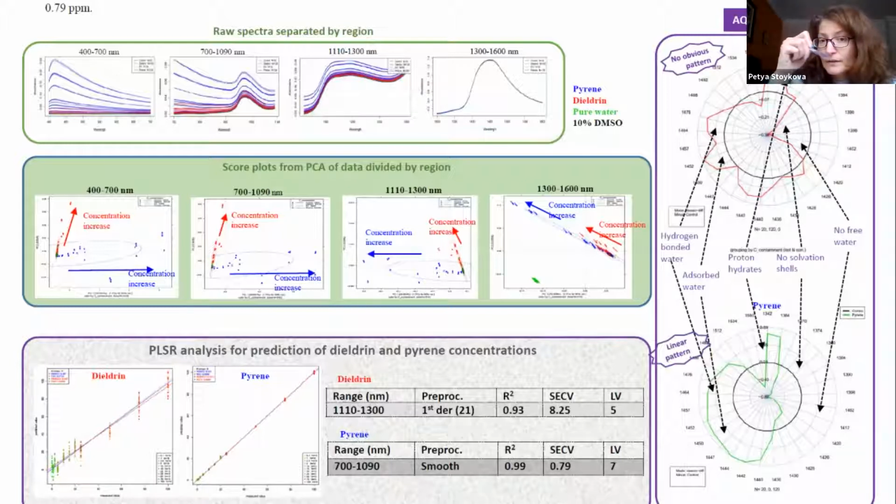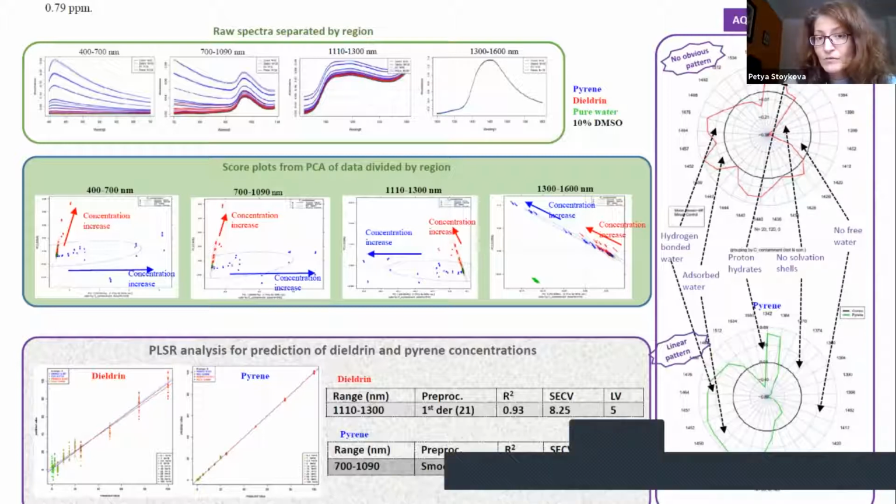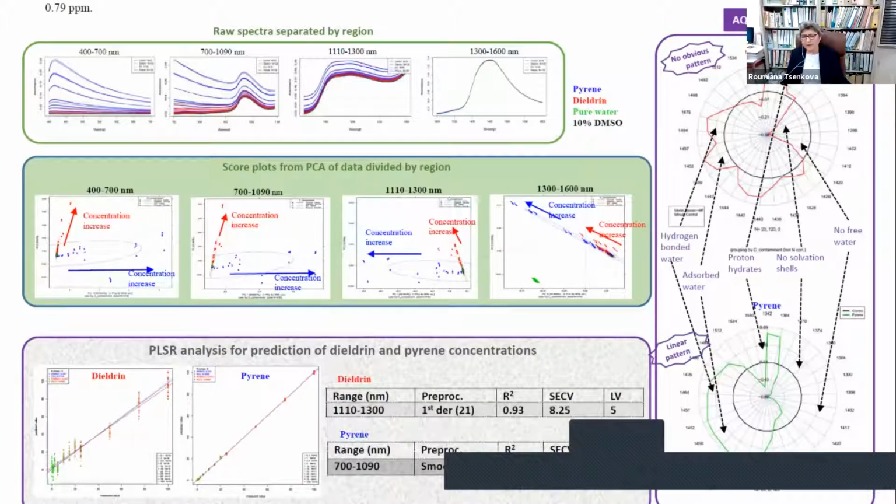So the water molecules that are involved and affected by pyrene concentration should not be linearly dependent on the pyrene concentration, but still we have this linear influence of pyrene concentration. I think that was puzzling.